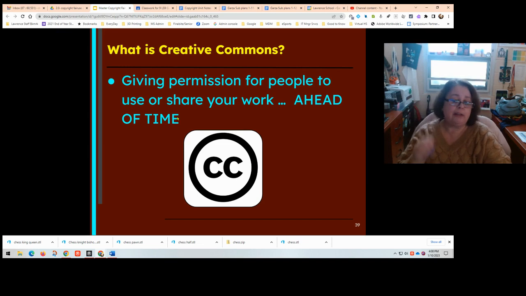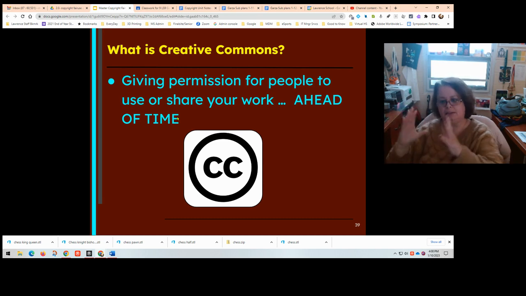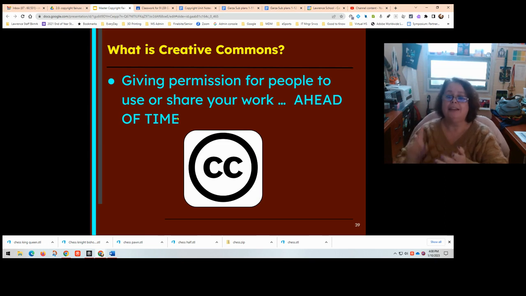I could put a Creative Commons license on it, so they know they could use this in a movie as long as they follow the rules, and they don't have to ask my permission. They still have to say I'm the one who wrote it. They have to cite their source, and there are some other things we're going to get into, but they don't have to ask me every time because I've given pre-permission for them to use it in certain situations.